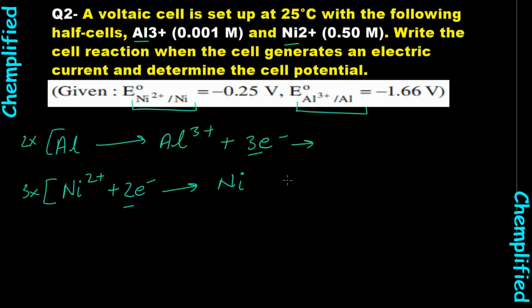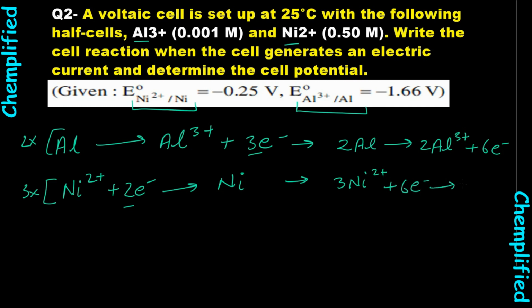So the final equation which you are going to get is 2Al gives 2Al3+ plus 6 electrons and 3Ni2+ plus 6 electrons gives 3Ni.